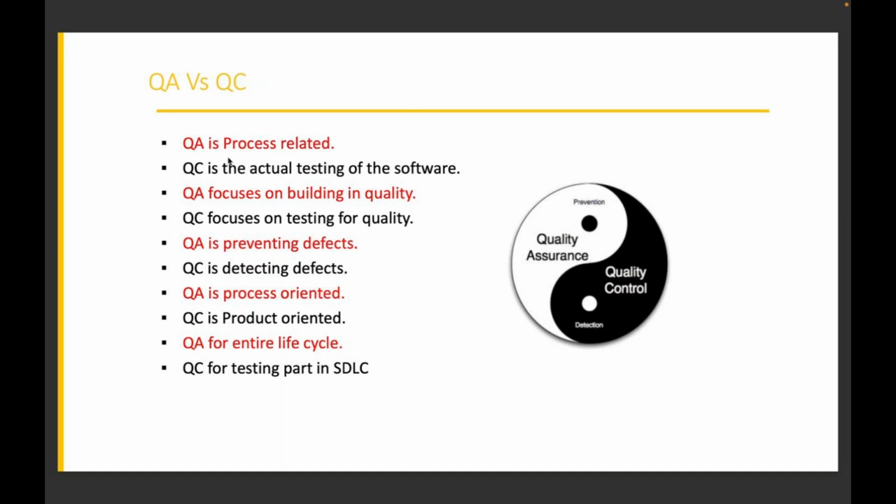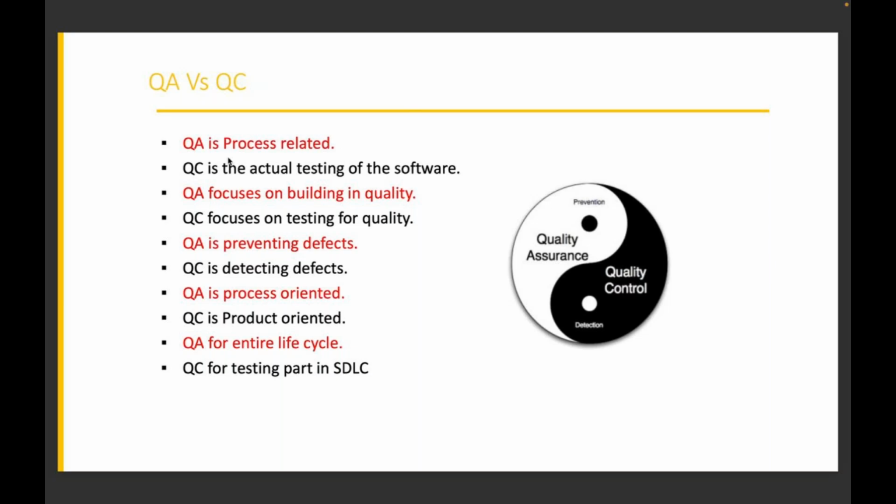So QA is more or less making sure that whatever strategy you are following, you are minimizing the defects, guys. Quality control is more or less where you are trying to validate, doing the alpha testing, doing the beta testing.